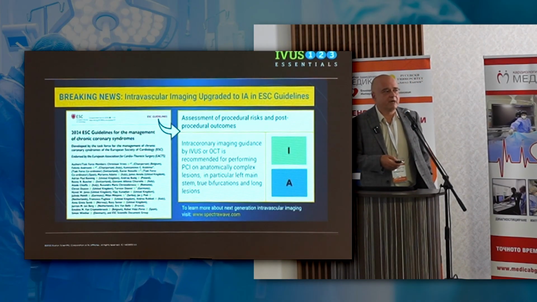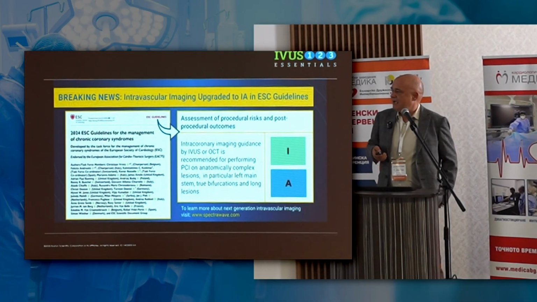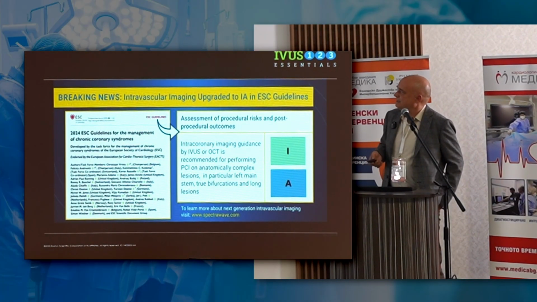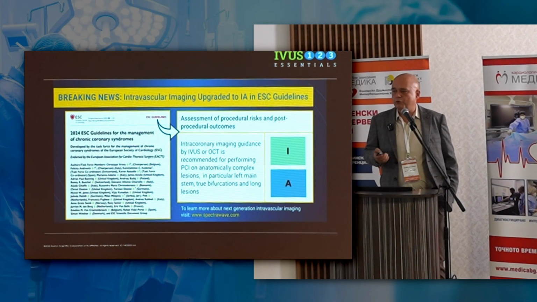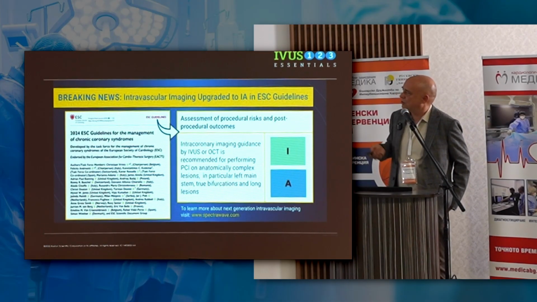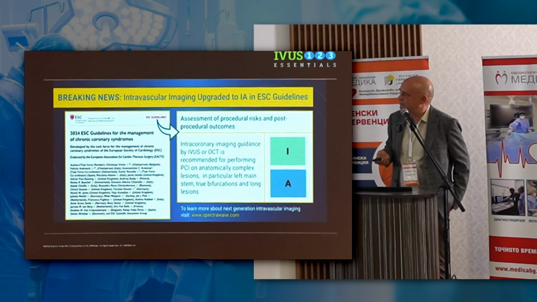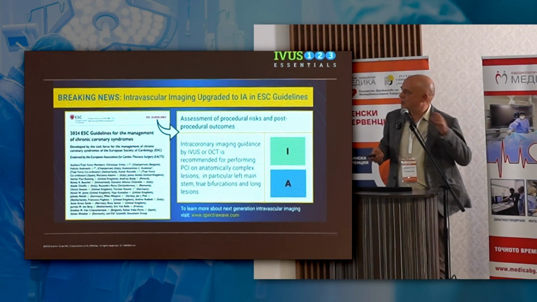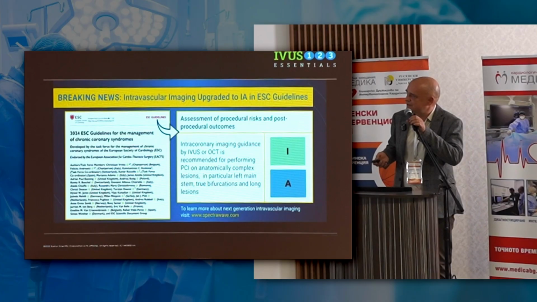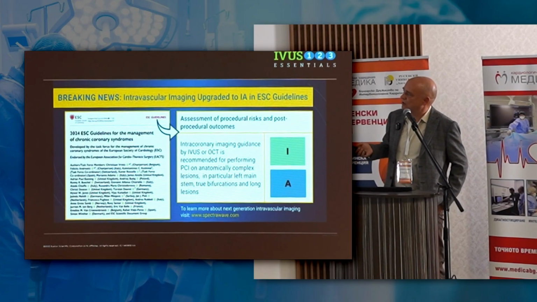So we have so many randomized trials and meta-analyses, and we can see here that the latest European guidelines state that intracoronary imaging guidance by IVUS or OCT is recommended for performing PCI on anatomically complex lesions, in particular left main, true bifurcation, and long lesions.